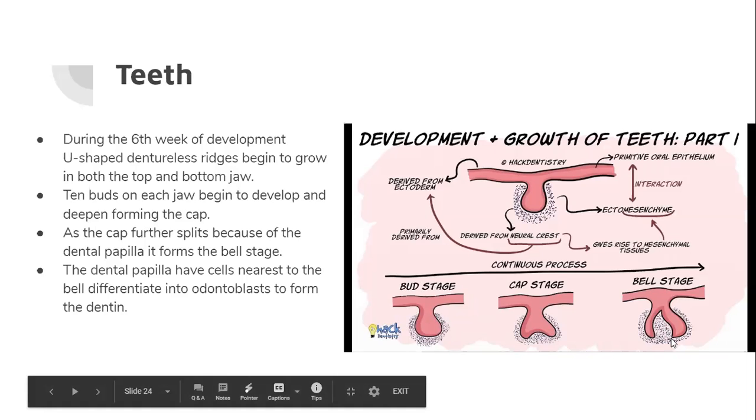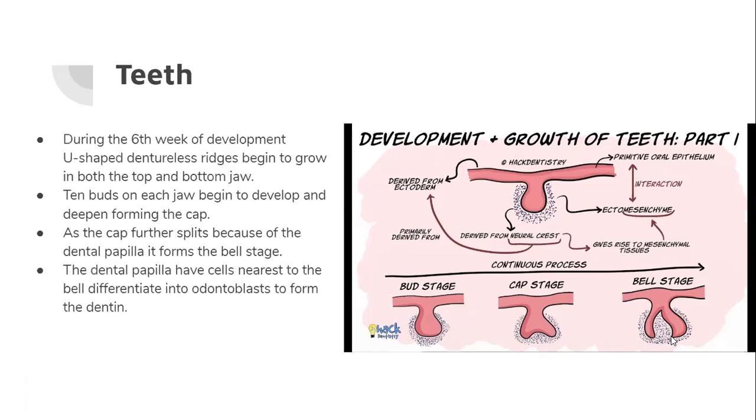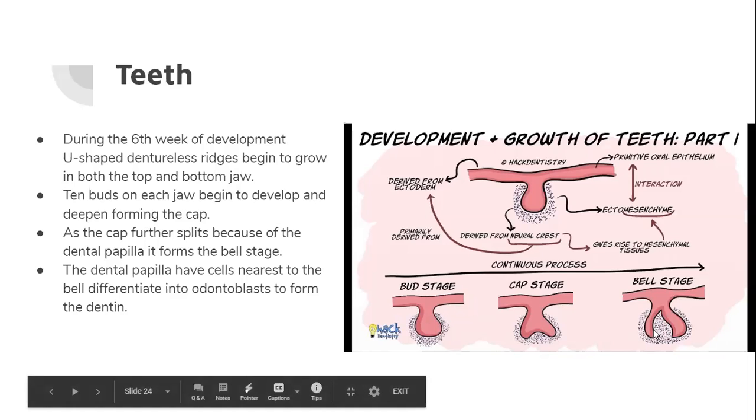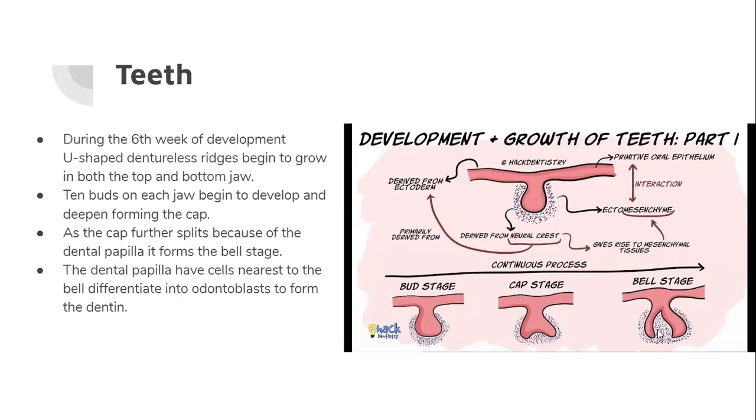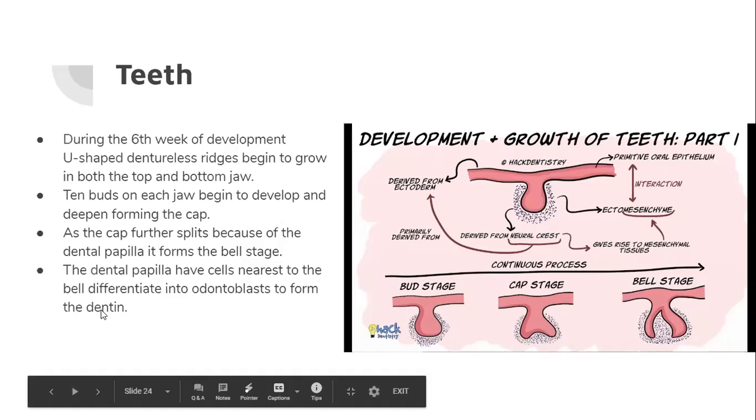So nearest to this bell, these cells right here along this ridge will begin to differentiate to form odontoblasts, and that is all for the purpose of dentin, which, if you're not familiar with what dentin is, you have your enamel, which is the top of your tooth, and then the dentin is right below it. So pretty cool.